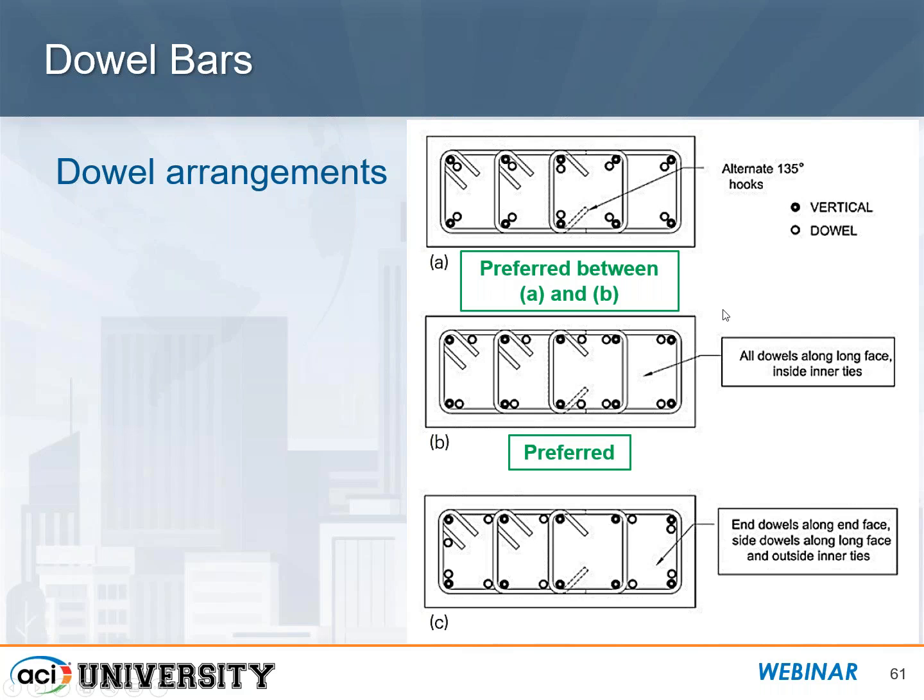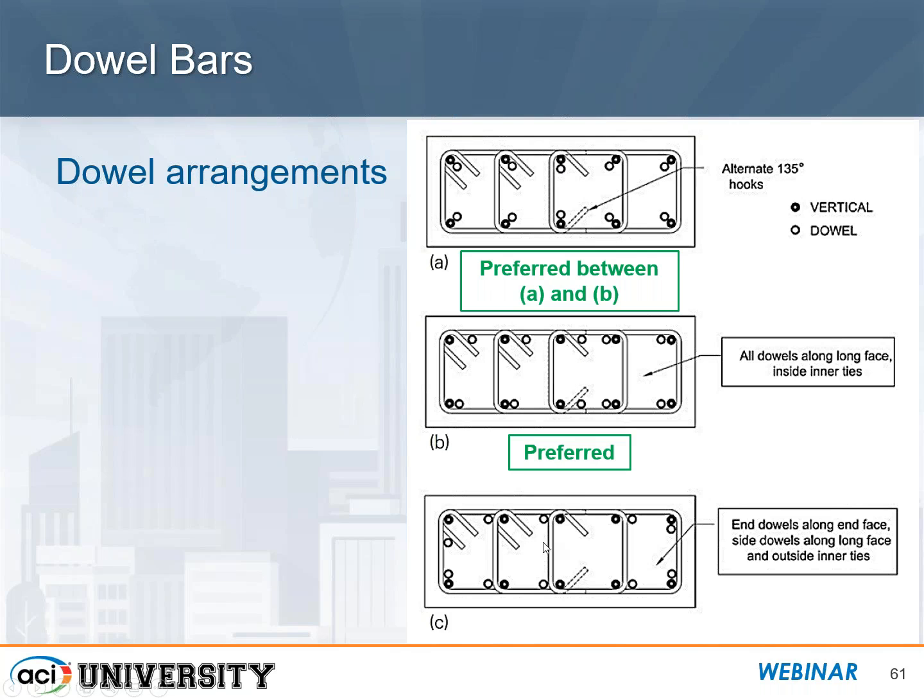Imagine the cage from the column coming down on these dowels. It's much easier to adjust these hooks to get everything to fit and have the dowel bars come in, say at 45 degrees and at 90 degrees in the center here, because you can adjust these hooks a lot easier than trying to adjust this leg of the transverse bar on this side, which is much more difficult to adjust than on this side.